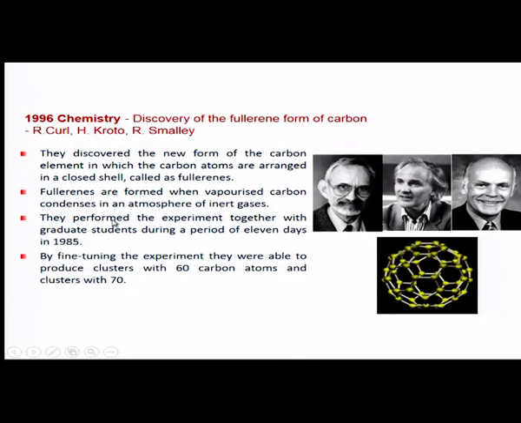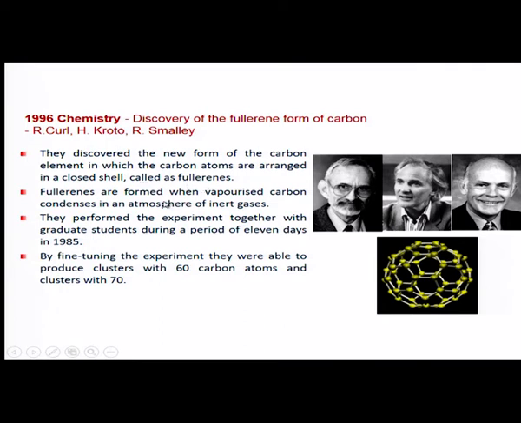Clifford Shull received the prize for the development of neutron diffraction technique, and Bertram Brockhouse for the development of neutron spectroscopy. The 1996 Chemistry Nobel Prize went to Kroto, Curl and Smalley for discovering the fullerene form of carbon. It is called C60. 60 carbons are there like a ball, that is called fullerene structure. They discovered the new form of the carbon element in which carbon atoms are arranged in a closed shell called fullerenes.